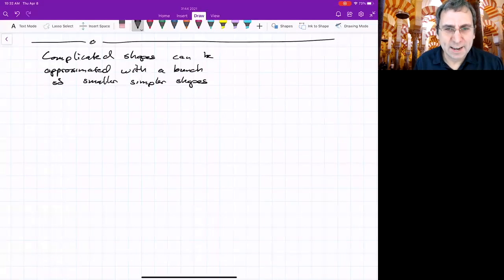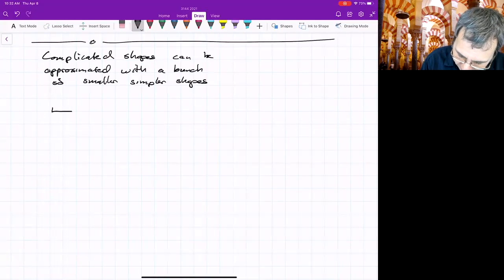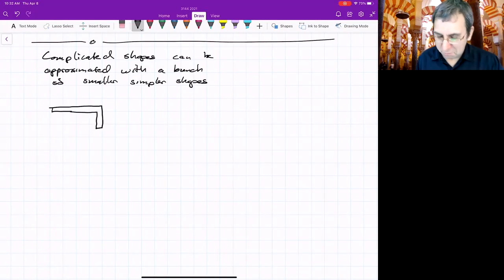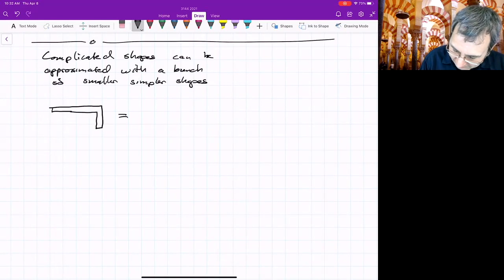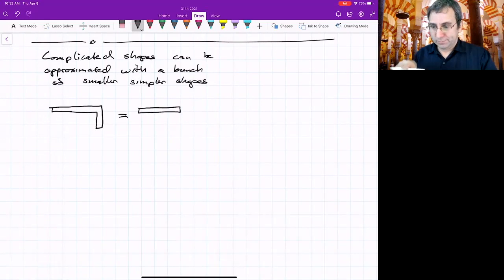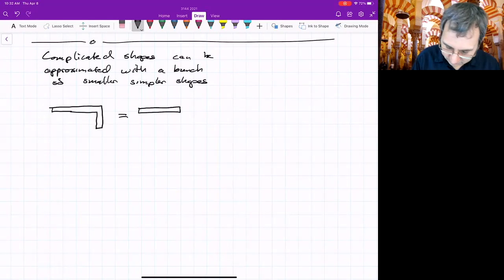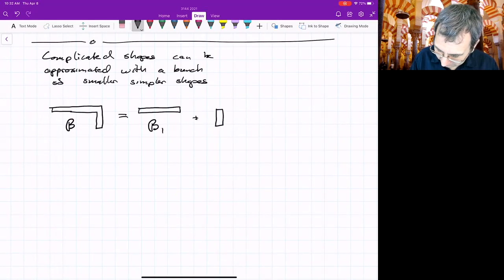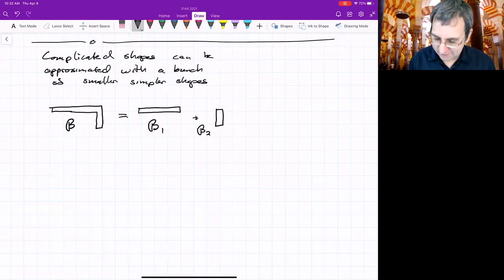So if I had a shape that was, say, an L shape made of metal, I'm not going to be able to look up an L shape. I would treat it as a bar going that way. So this is the body. I could treat it as one body plus another body.